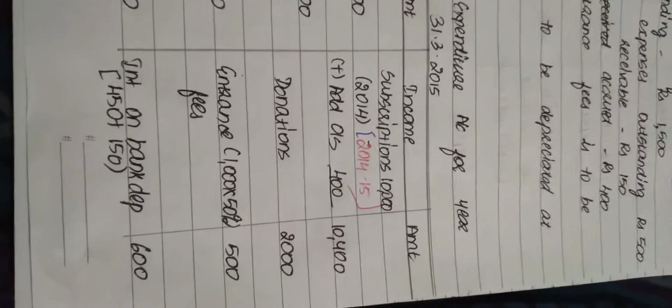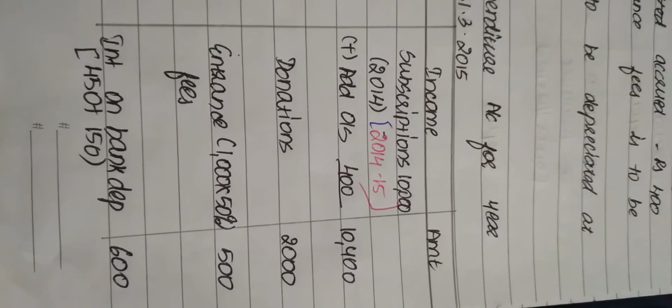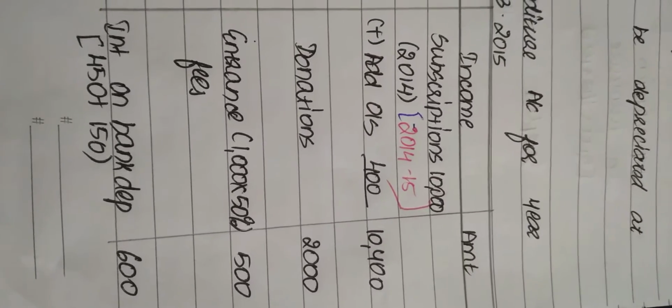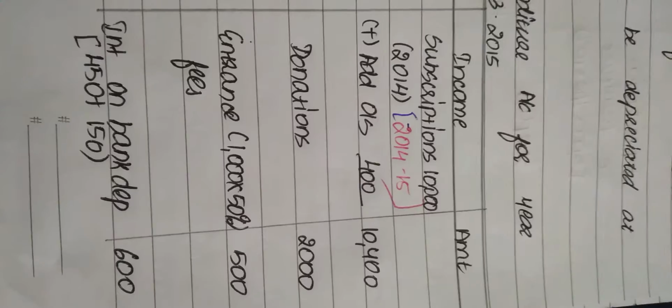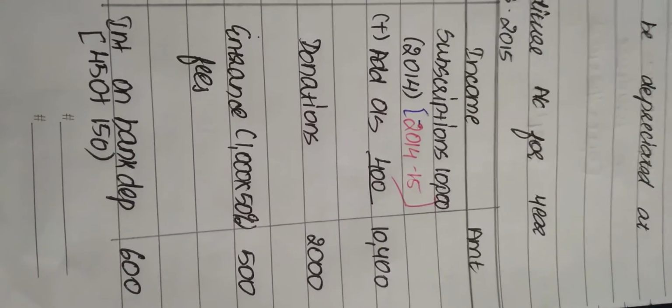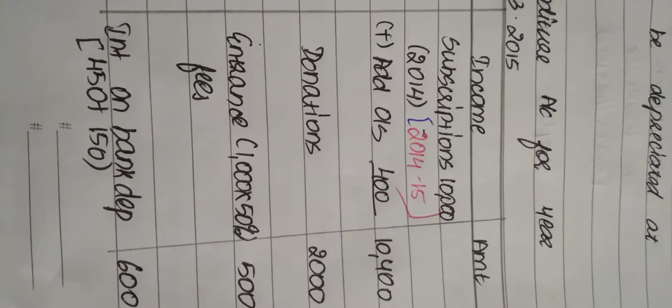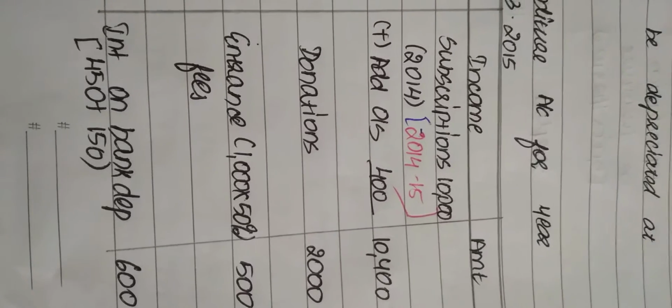Subscriptions 10,000, which is given in the question. Consider 2014's subscription, because we are preparing the income and expenditure account for the year ending 2015.